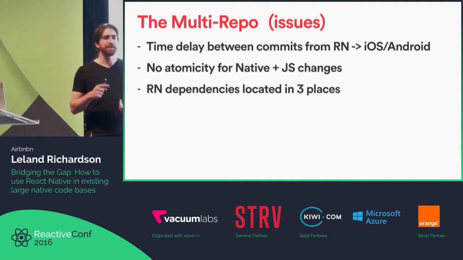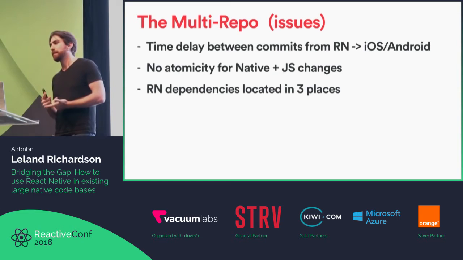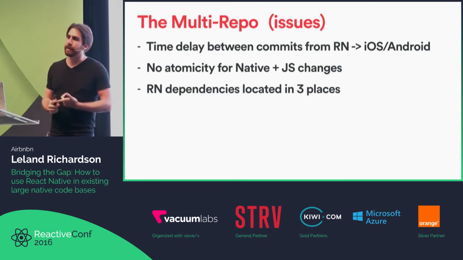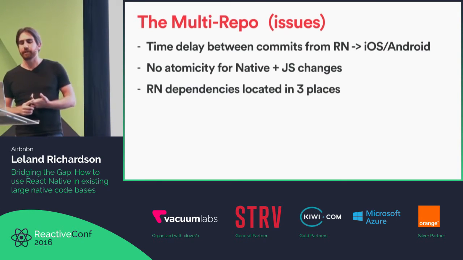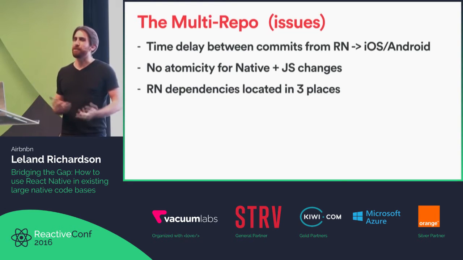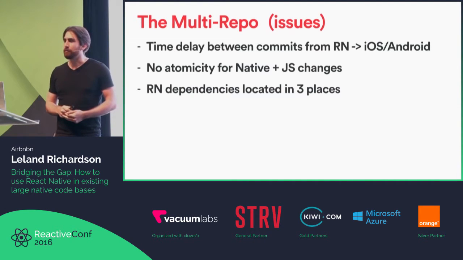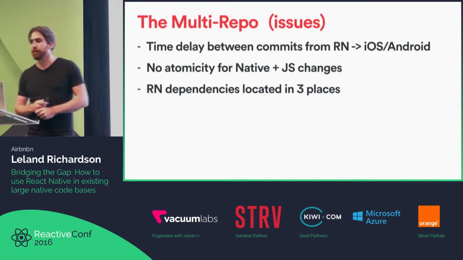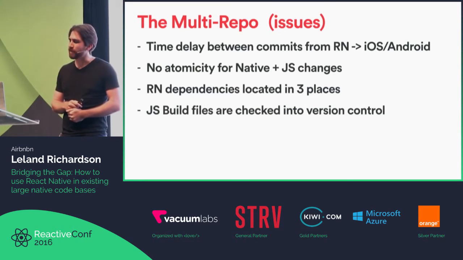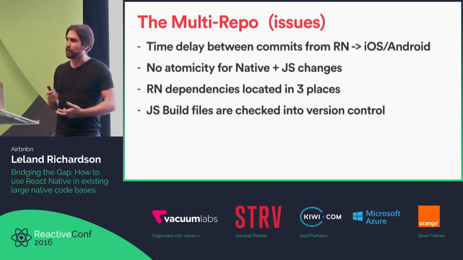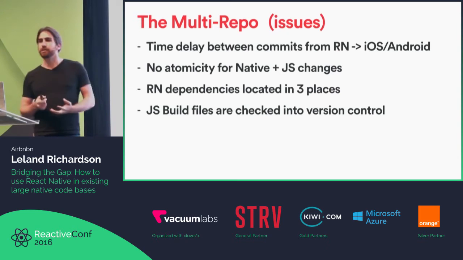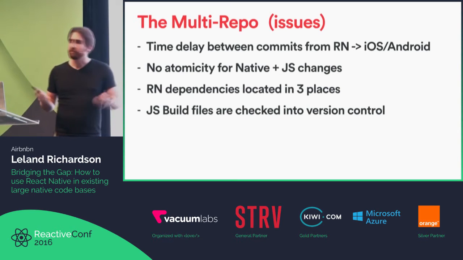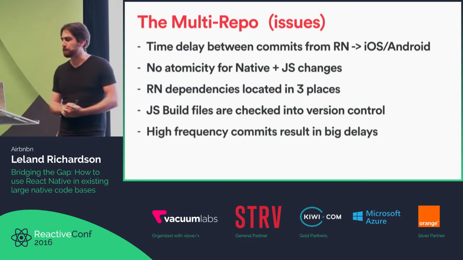We also have all of the native dependencies that we're using for React Native, any third-party libraries or anything like that. We actually have to have them in 3 places now, which can be a pain with upgrading and things like that. And then our actual build files are checked into version control, and we don't really like to do that.